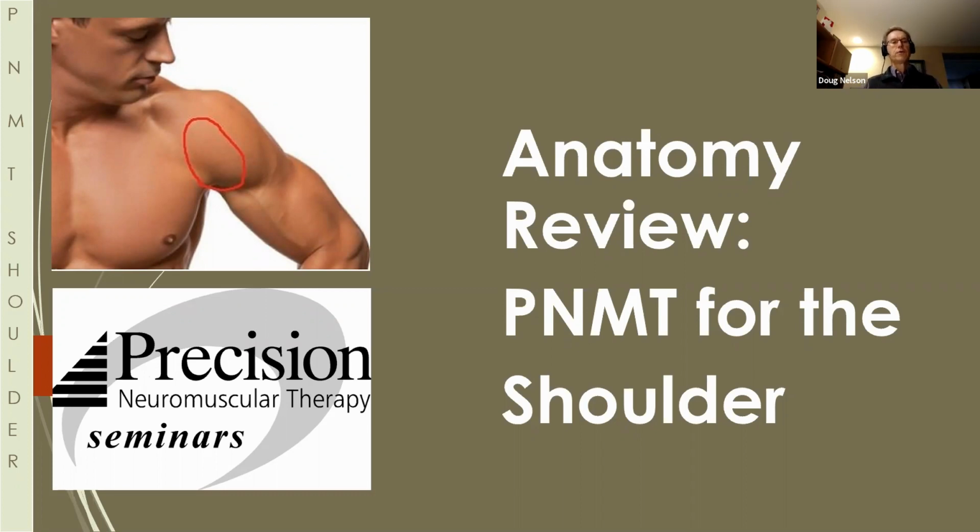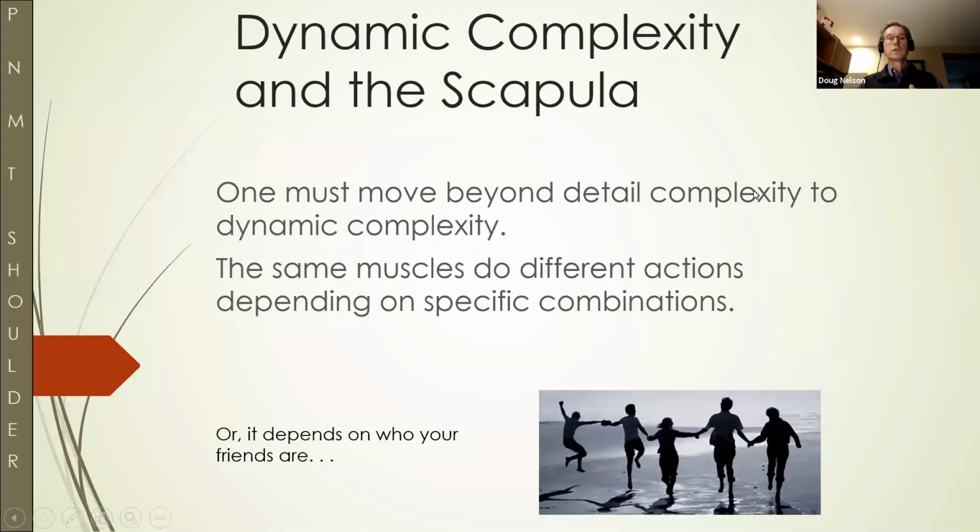Here are a few things that you should think about as we progress through this particular seminar. The first thing is this concept of dynamic complexity rather than detail complexity. When we're first learning things in school, you learn this inserts here and this muscle does that.